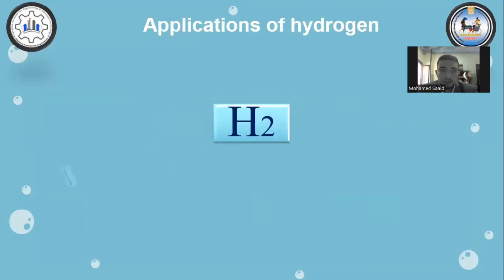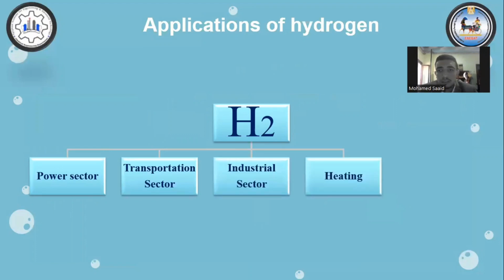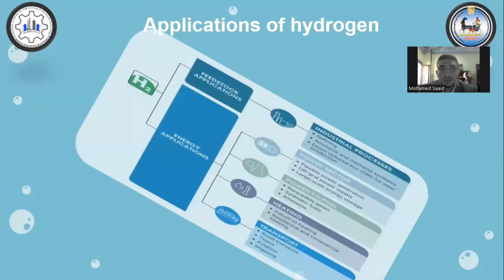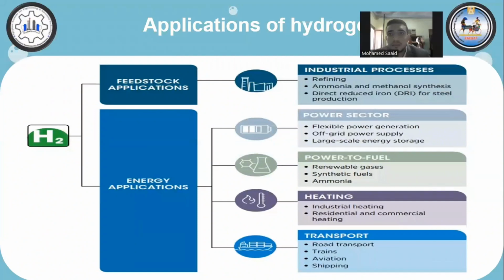Applications of hydrogen can be used for the power sector, transportation sector, industrial sector, heating, and power to fuel. Hydrogen can be used as a feedstock in industrial processes of refining and ammonia and methanol synthesis, directly used iron, DRI, for steel production.